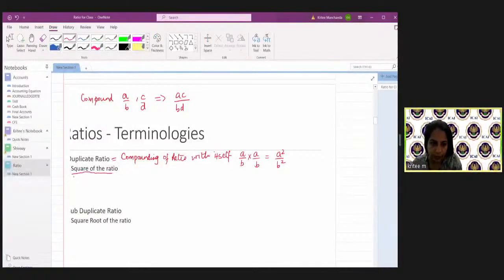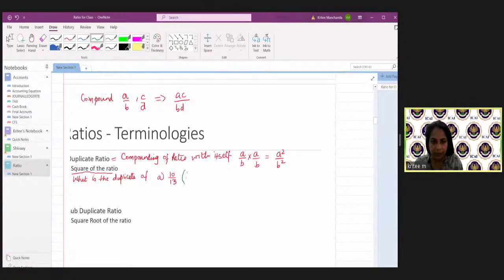So very quickly let's try to answer these questions. So what is the duplicate of 10 by 13? I'm giving a few seconds for you to think about it. So before I write my answer, let's see. You people are doing the calculation.